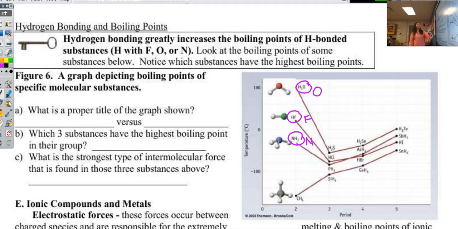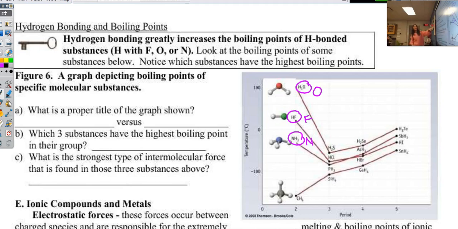So what the scientists have come to theorize is that there must be something stronger, and that something stronger is what we call the, I see you saying it, the what bond? The hydrogen bond. Perfect. And so that's the IMF.